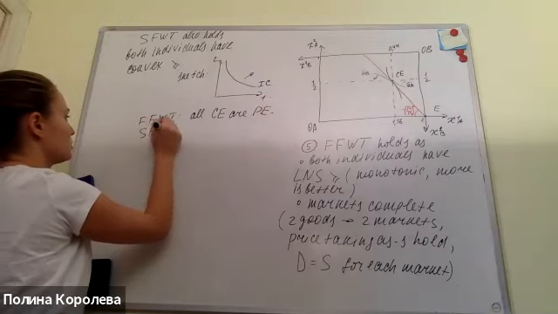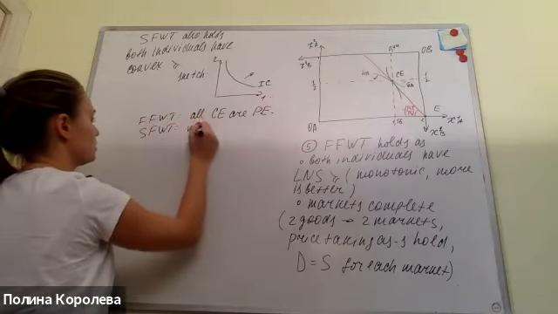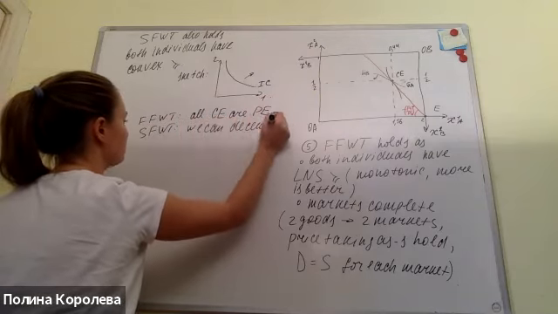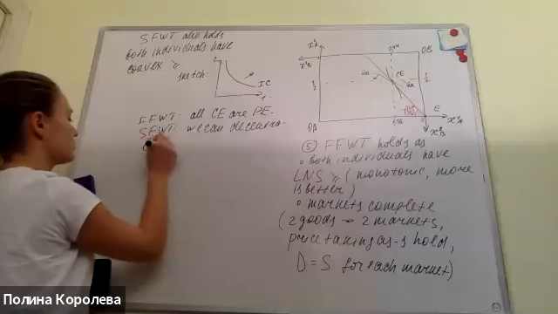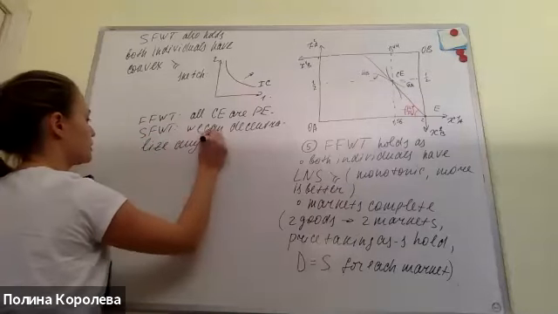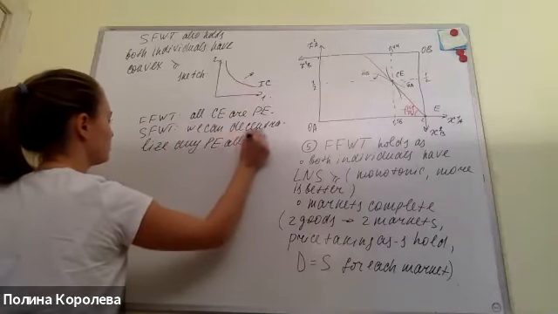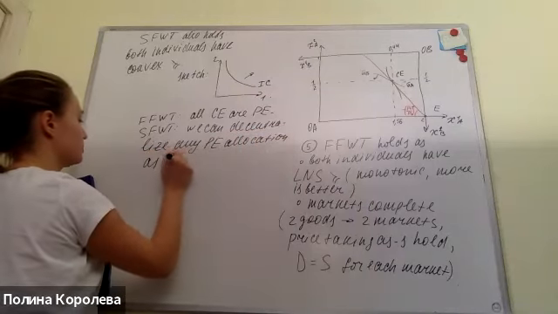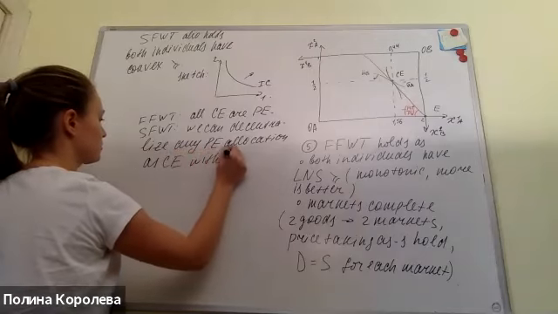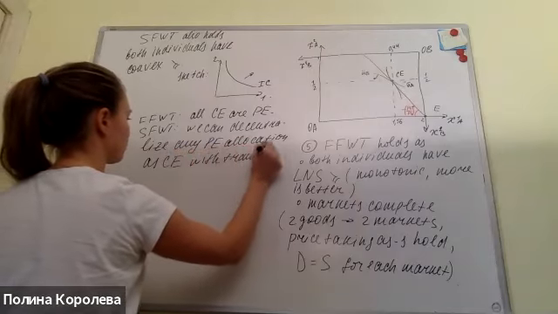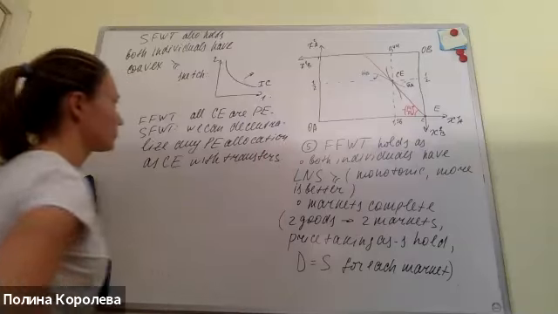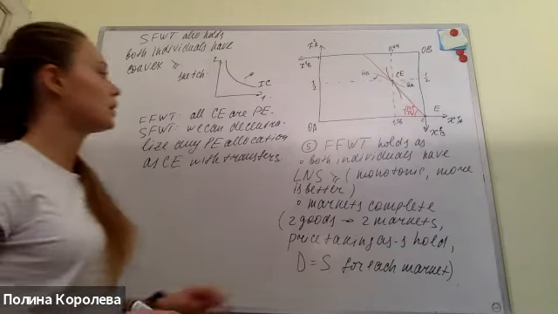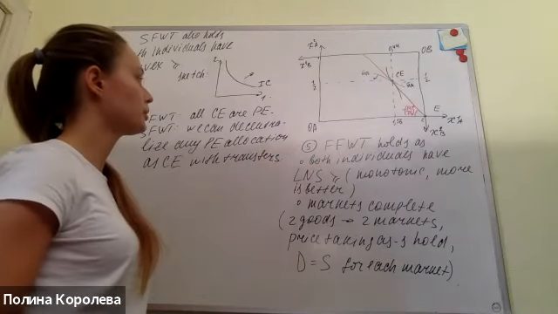From the second fundamental welfare theorem, we can decentralize any Pareto efficient allocation as a competitive equilibrium with transfers. So this is how we can answer the fifth point.